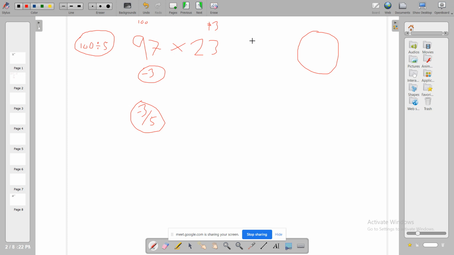Now this is a full orange. This orange is a whole, right? Now I'm going to divide this orange by 5. What do we have here?